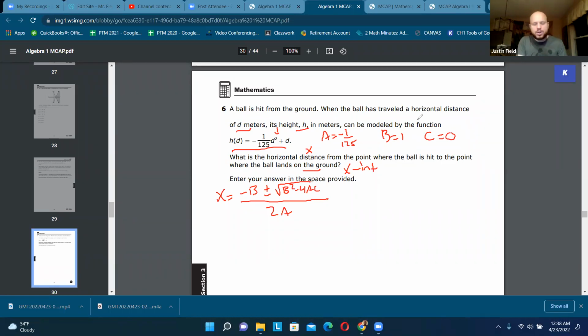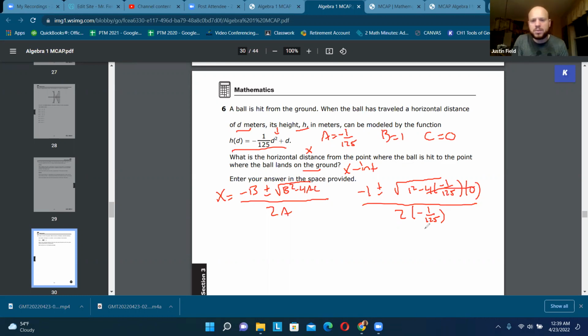We're using the quadratic formula because that formula gives us our x-intercepts, or solutions to the equation 0 equals. So we're going to have negative 1 plus or minus the square root of 1 squared minus 4 times negative 1 over 125 times 0, all over 2 times negative 1 over 125.